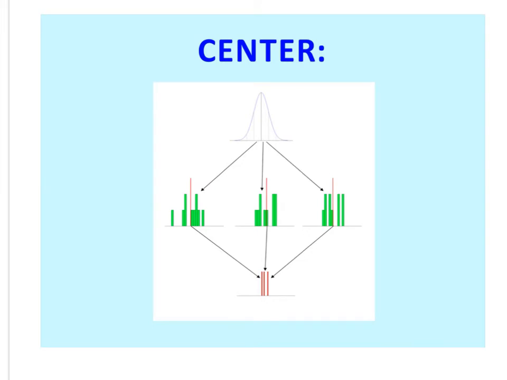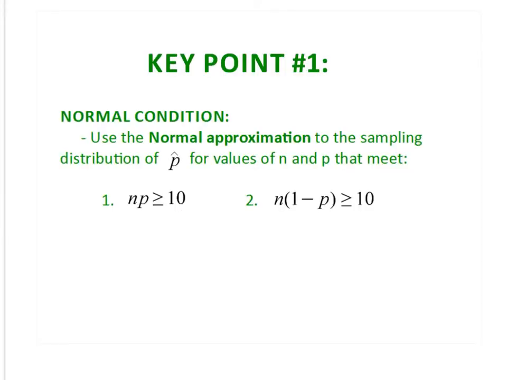So let's focus on center. If I want to know what the shape of a distribution is going to be, I have to meet one condition. So this is key point number 1. We call this the normal condition. I can only use the normal curve, or the normal approximation, think z-scores, for a sampling distribution of P hat if the values of N and P meet this criteria.